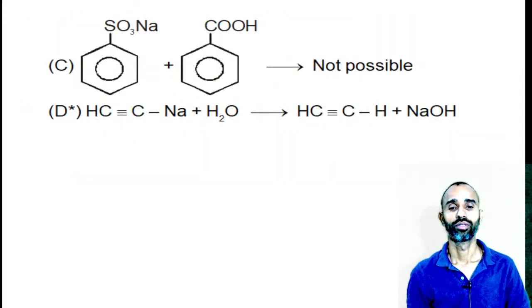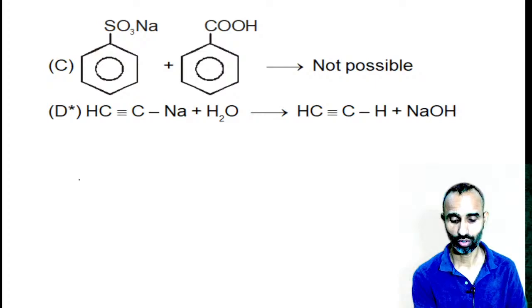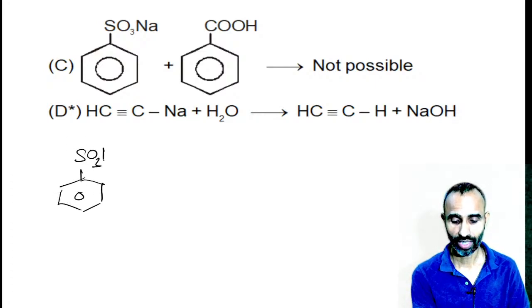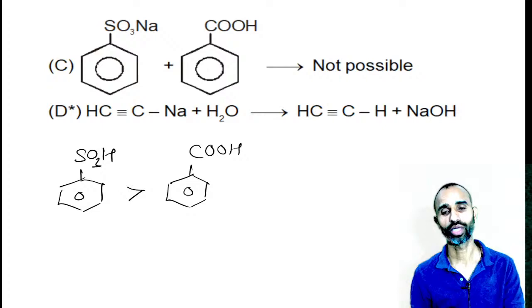Again, sodium salt of benzene sulfonic acid and benzoic acid. So obviously, sulfonic acid is a stronger acid than benzoic acid. So benzoic acid cannot displace sulfonic acid from its salt.